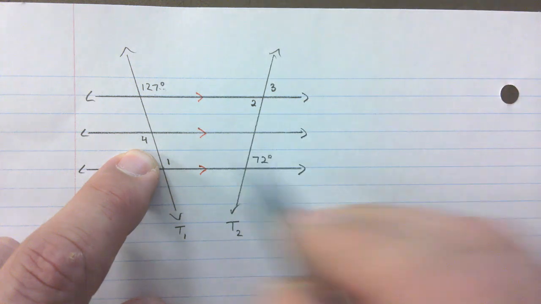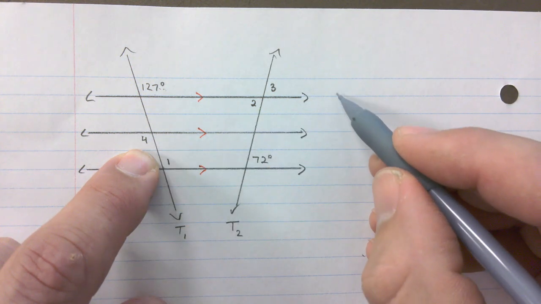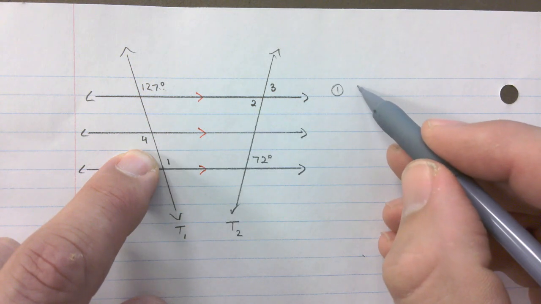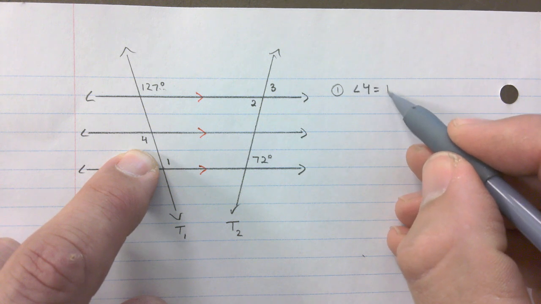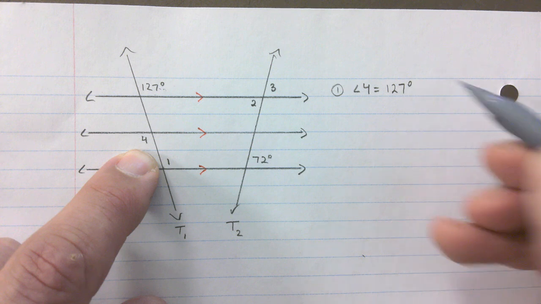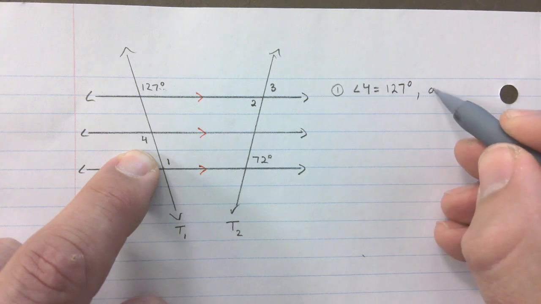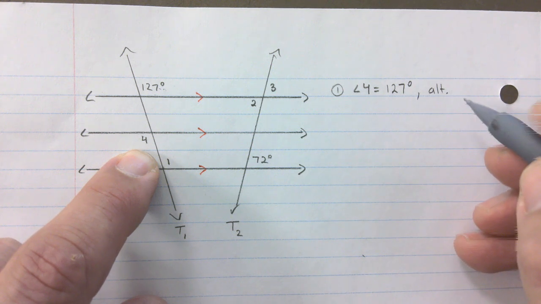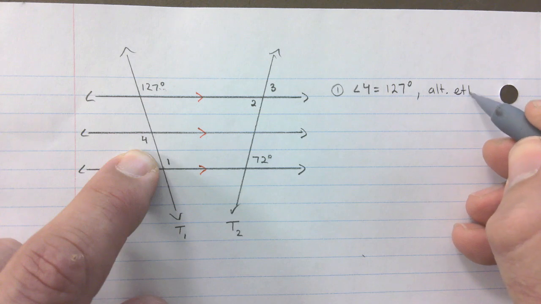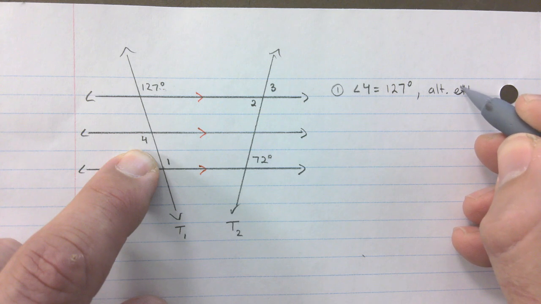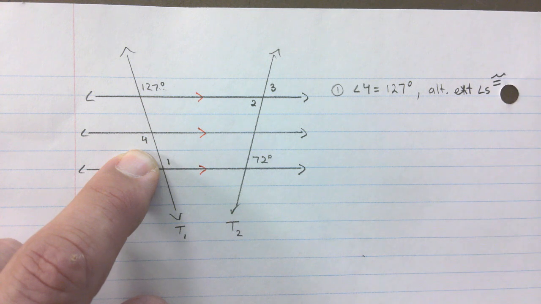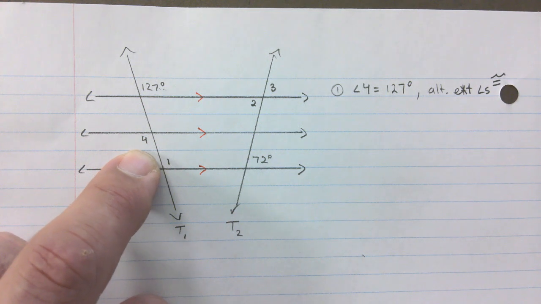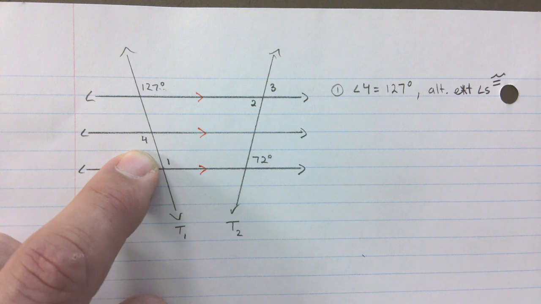So I'll put a number 1 here and say that angle 4 is going to be 127 degrees, and that's because alternate exterior angles are congruent. That's my first one done.